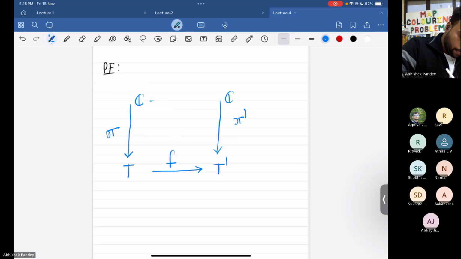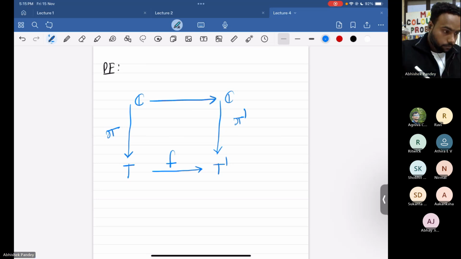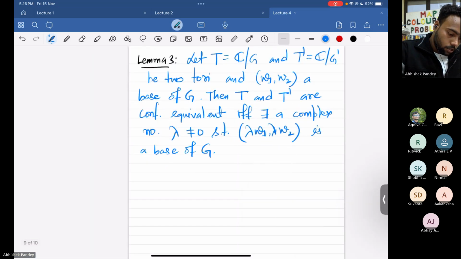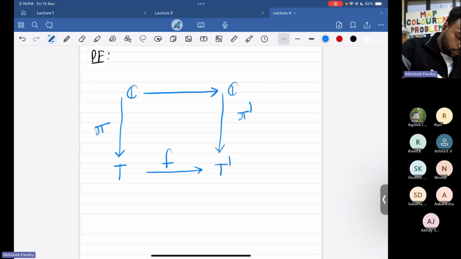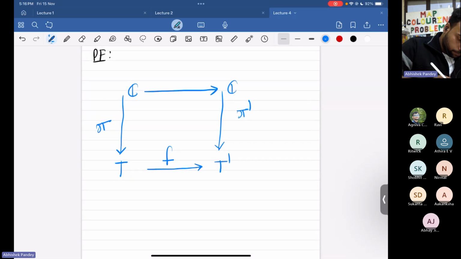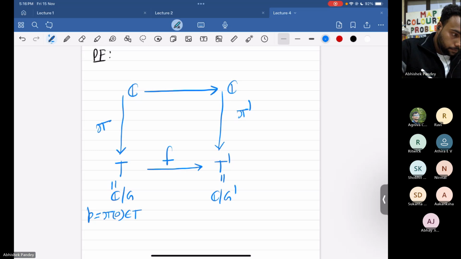Let us take a point in this torus T, which is C modulo G, and T dash is C modulo G dash. Take a point P, which is pi of 0, belonging to T, and another point Q, which is pi dash of 0.